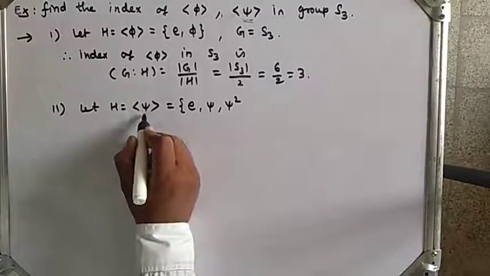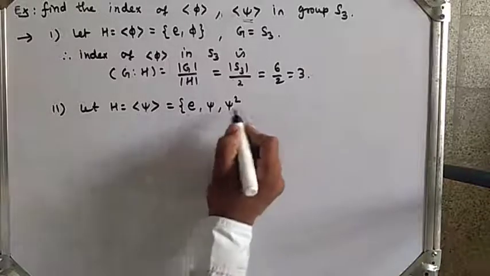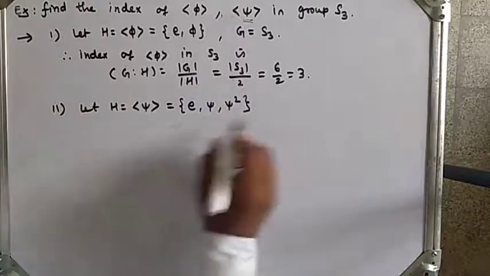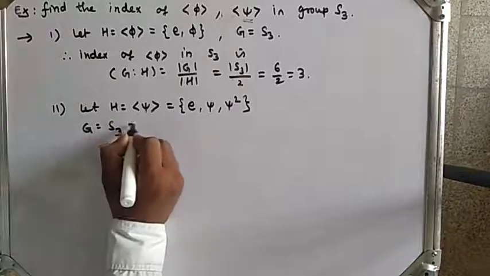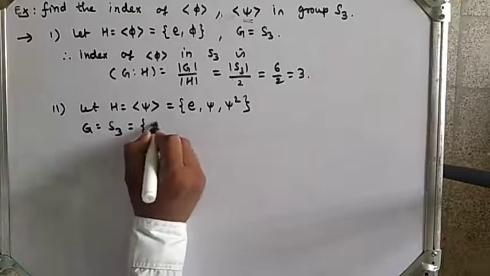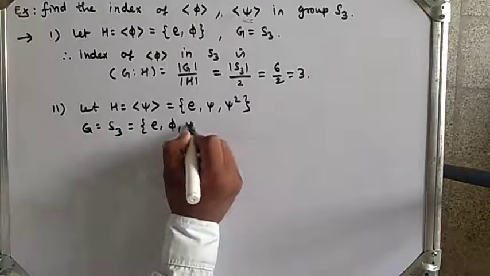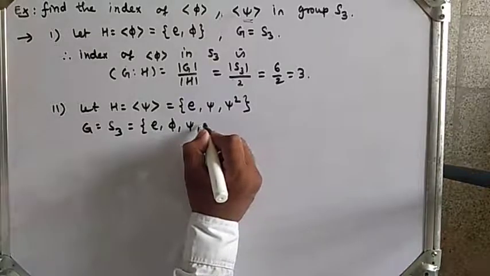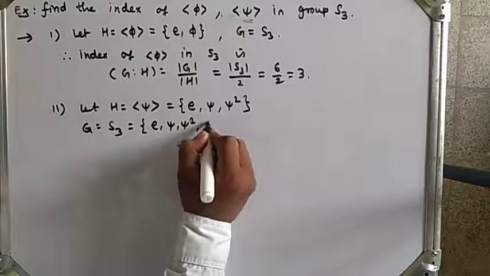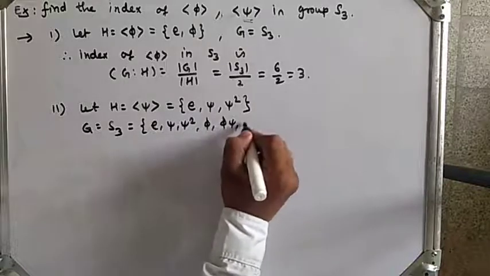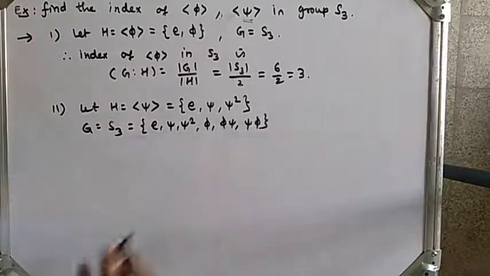So we will get that the subgroup generated by psi has elements identity, psi, psi square. So total there are 3 elements, and S3, which is G, has total elements identity, phi, psi, or I will write identity, psi, psi square, phi, psi phi. Total there are 6 elements.